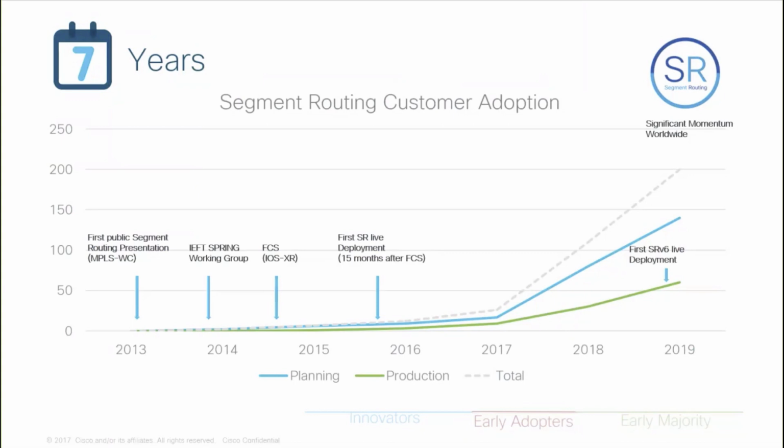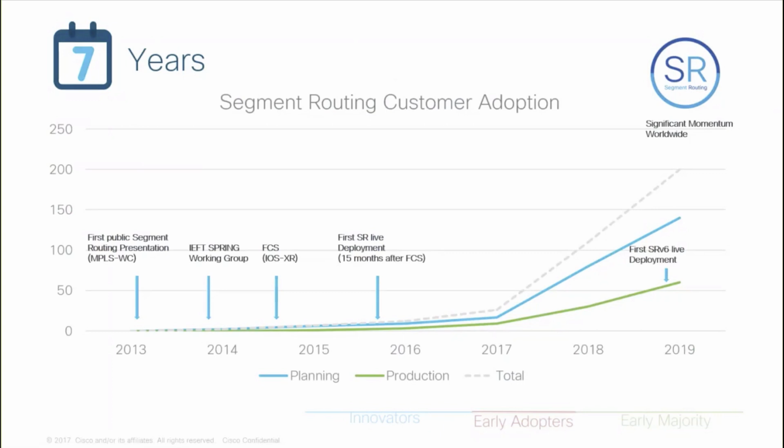Fairly quickly after that, in the fall of 2014, Cisco was already shipping SR in the IOS XR operating system. 12 months after that, in 2015, we were already having the very first customers deploying SR. So the customers who are running SR with Cisco in production have already been doing that for over 5 years.